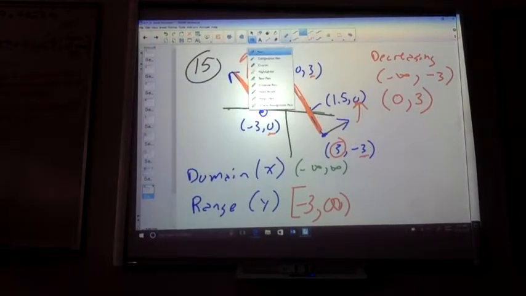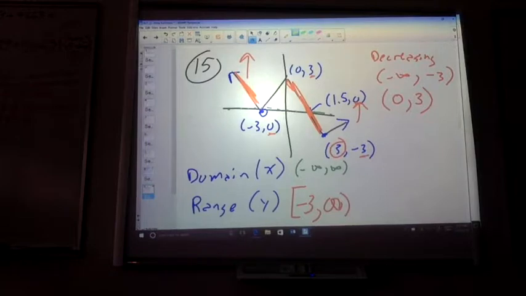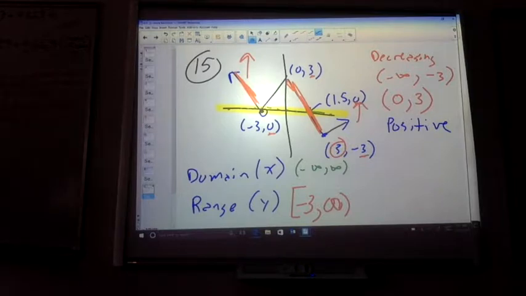So let's do this. Okay? It's positive where it is above that line. So we're looking for when it is positive. Does anyone see a place where this graph is not positive? Meaning it's below that yellow line?